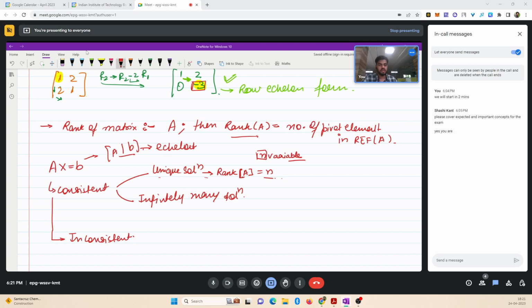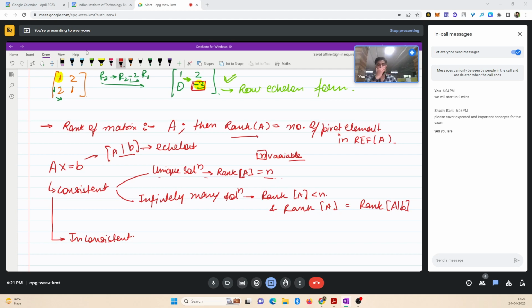If the rank is less than n and rank of A is equal to rank of A augmented B, then in that case you have infinitely many solutions.